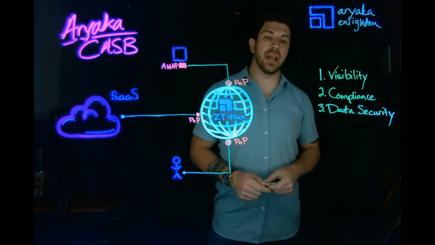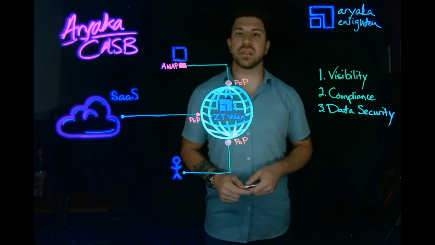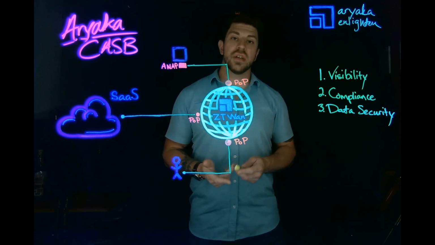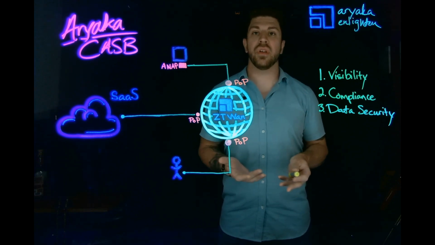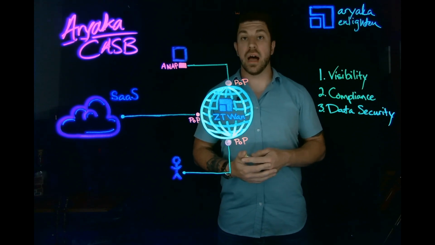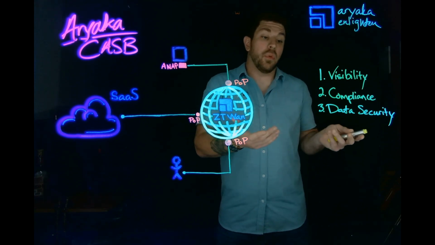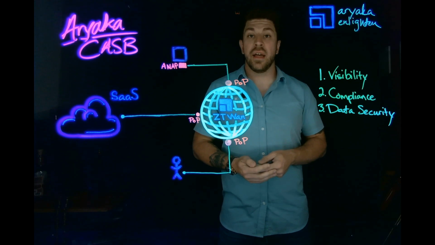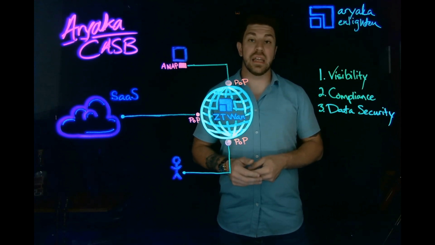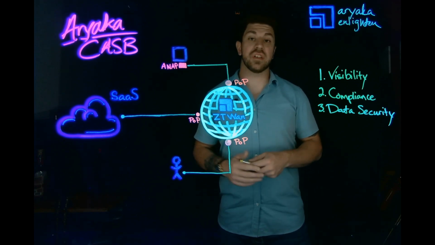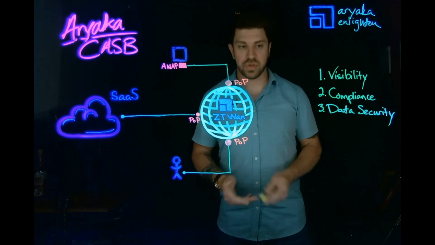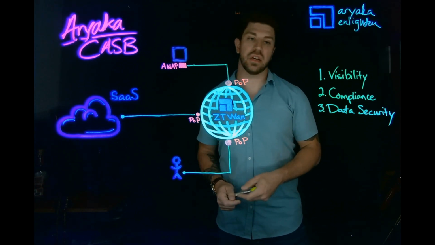The second is compliance. The policies enforced on a CASB allow you to maintain compliance with regulations so that data is not being mishandled by unwanted or unmanaged applications, and even, on the more dangerous side, attackers that are hijacking those applications, even ones that you have approved, in order to gain access to your data and other sensitive information, which of course neatly rolls into data security.